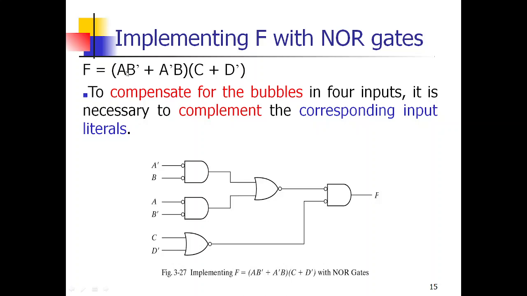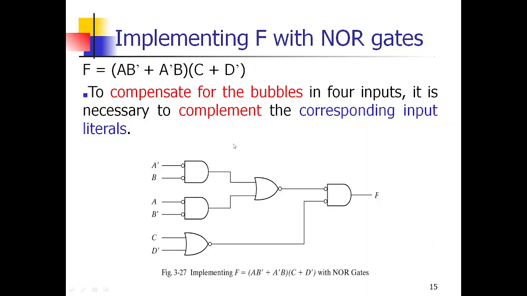So actually this is A B dash. Here the input is A dash, and when it is complemented we get A alone, and the input B is complemented and becomes B dash.